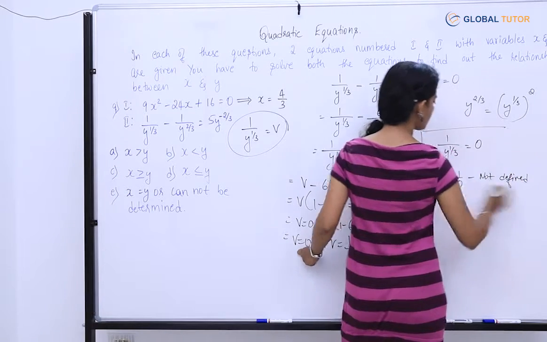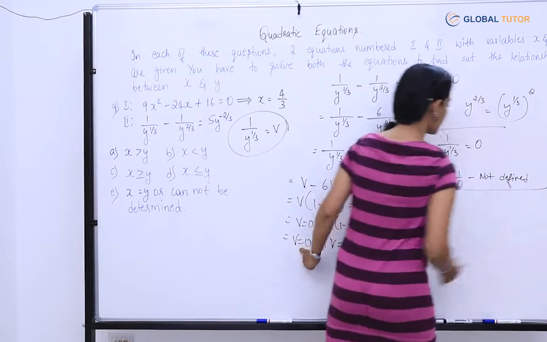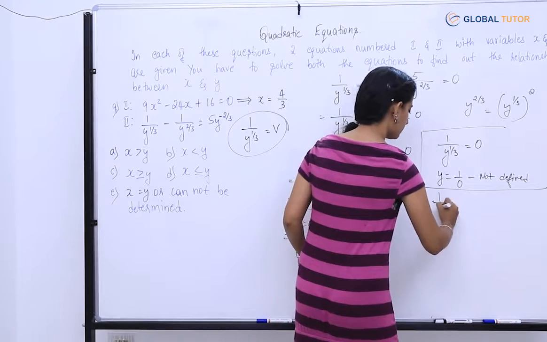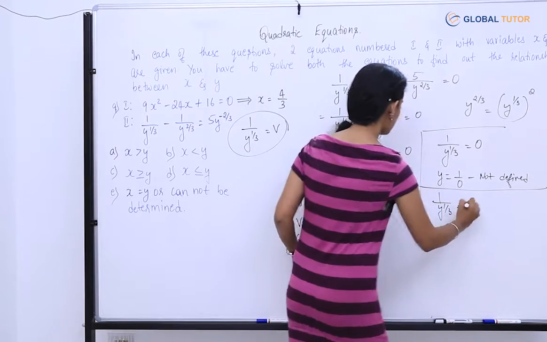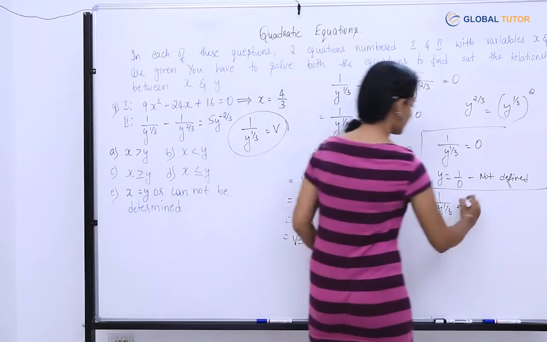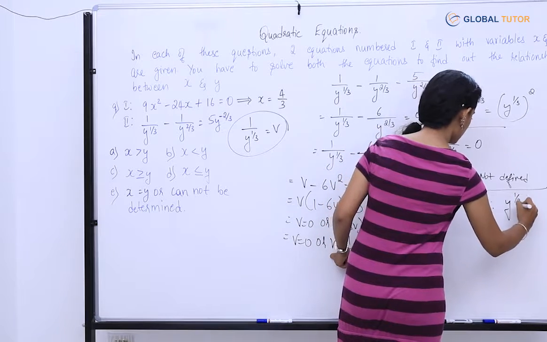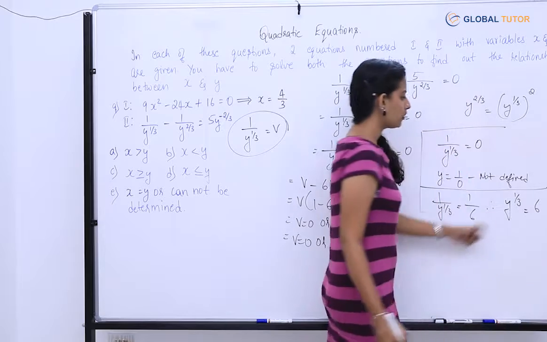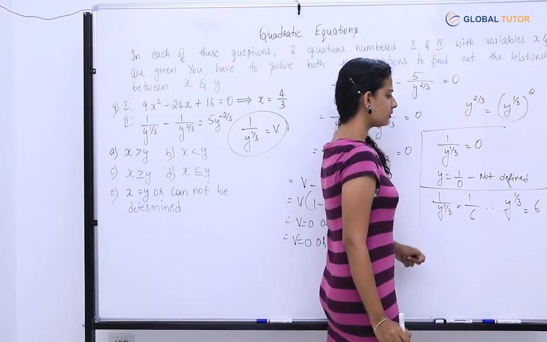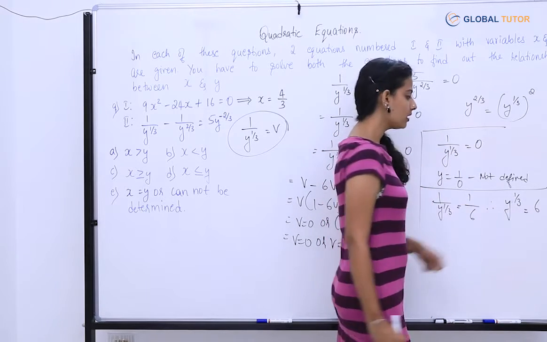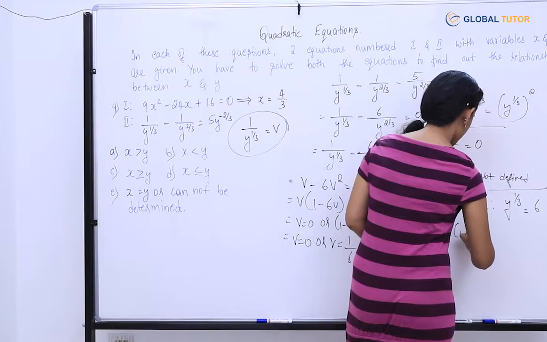So we will not consider this. Now let us take the second value. 1 divided by y power 1 by 3 is equal to 1 by 6. Therefore, y power 1 by 3 is equal to 6. Because we have 1 by 3 in the exponent for y, we will cube on both sides.